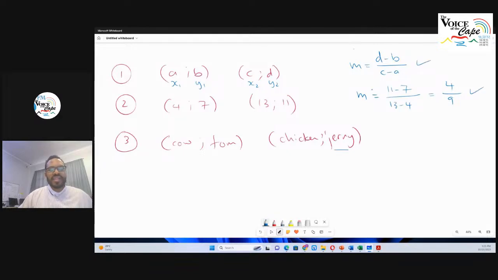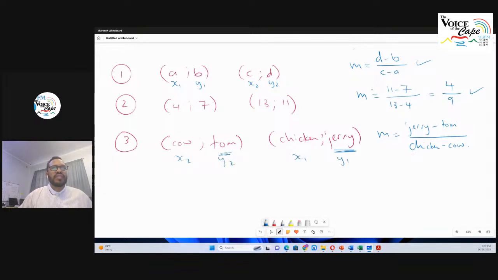Okay, for the next one, we take the y coordinates and we subtract. So Jerry minus Tom, in this case, over chicken minus cow. Now, it's perfectly valid to say Tom minus Jerry as long as I say cow minus chicken, because that simply means I've ordered this to be my x2 and y2 and this my x1 and y1.